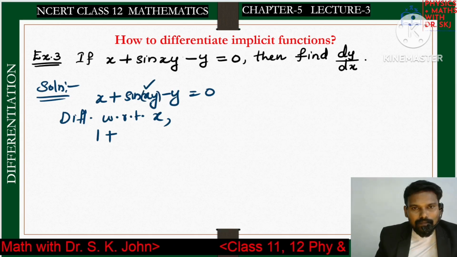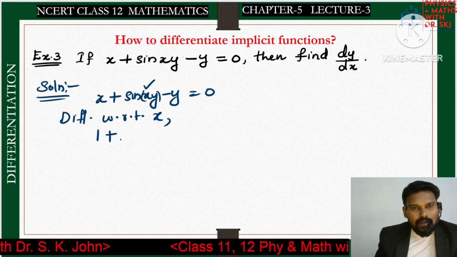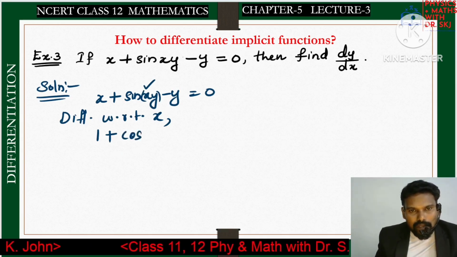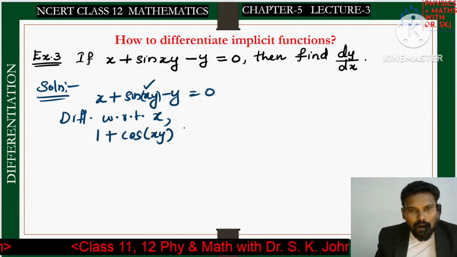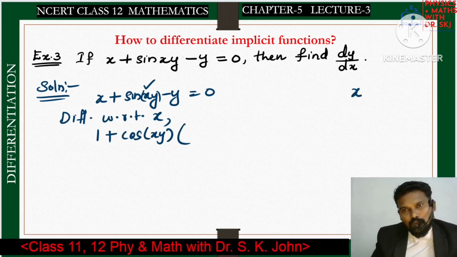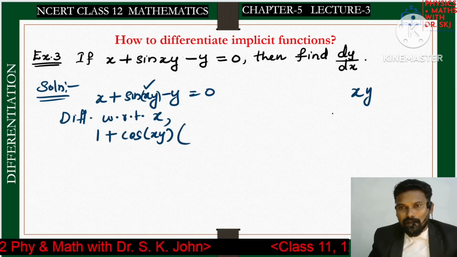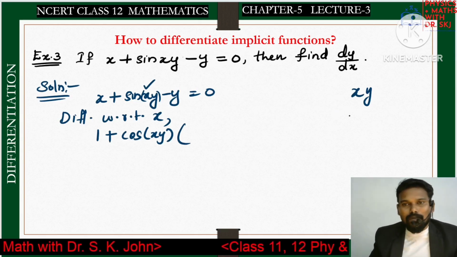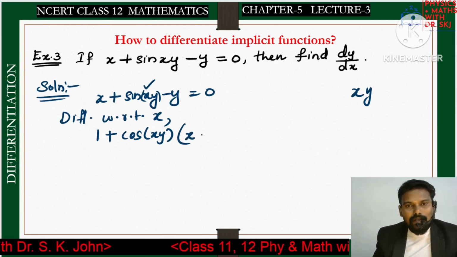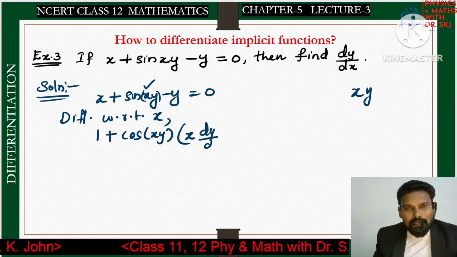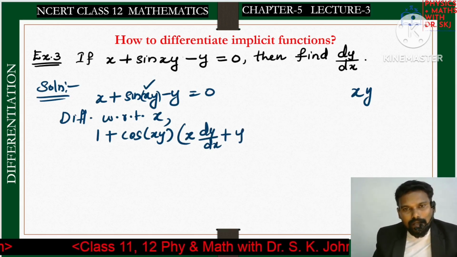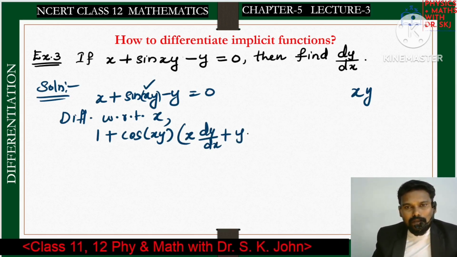Here it is sine of xy. So first you write cos of xy, then you have to differentiate xy. Now xy is a product, so you differentiate it using the product rule. First function x into derivative of second, dy by dx, plus second function y into derivative of first, which is 1.